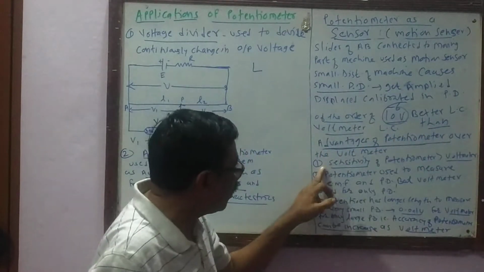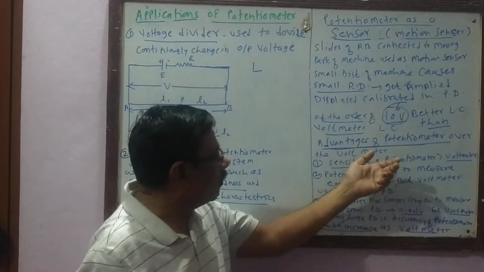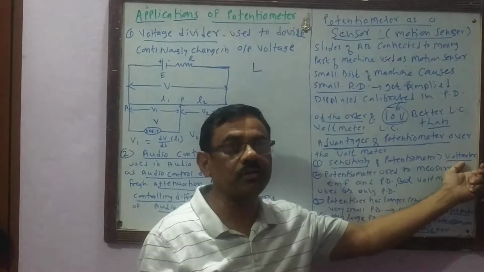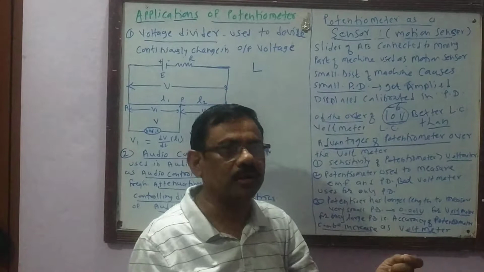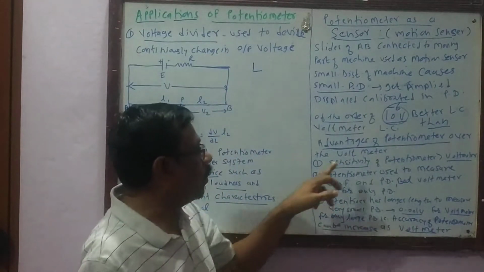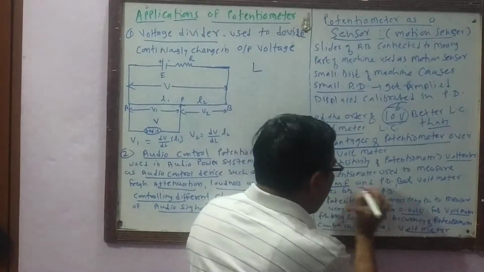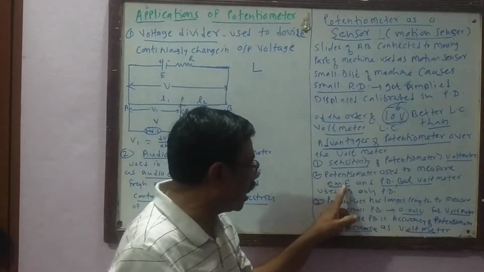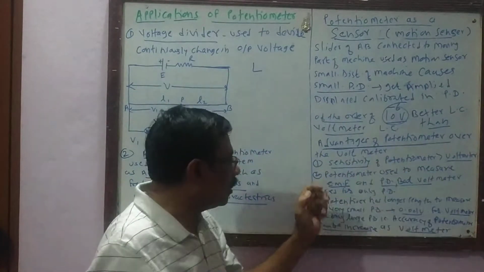The first advantage is that the potentiometer is more sensitive than the voltmeter. It shows a deflection for a small value of current also. Second, the potentiometer is used to measure the EMF as well as the potential difference.